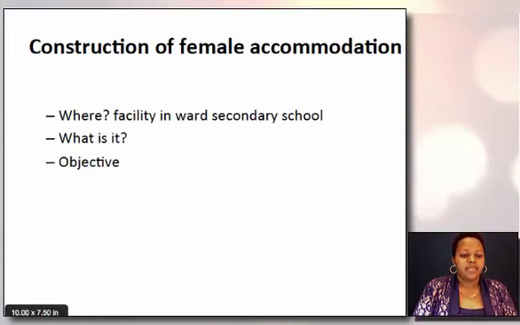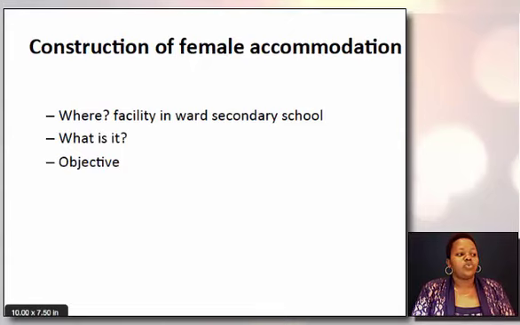Here we have an example of a proposal, which is to construct female accommodation, and this accommodation will be constructed in a ward secondary school. The aim here is to make an analysis so that we can establish the possibilities for stakeholders to support, or the likelihood that they will oppose, this kind of proposal.